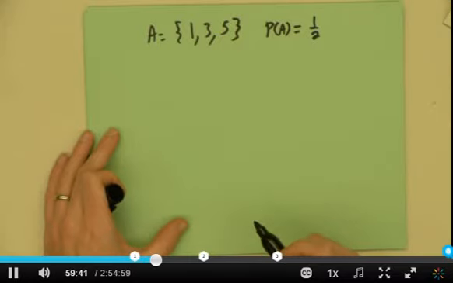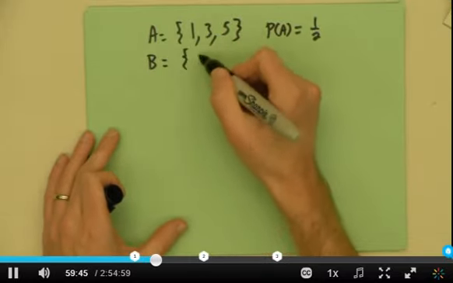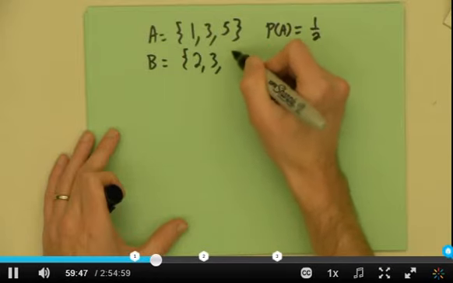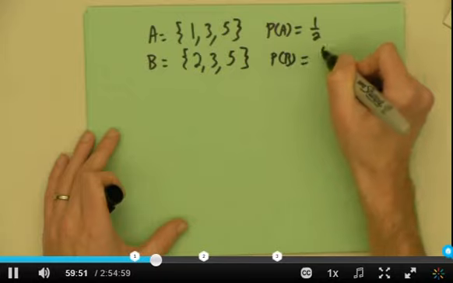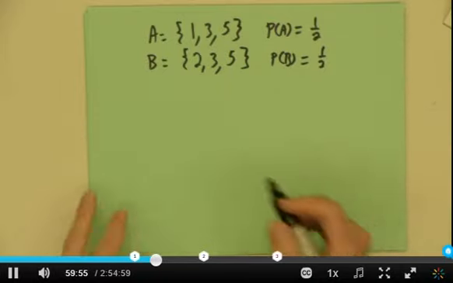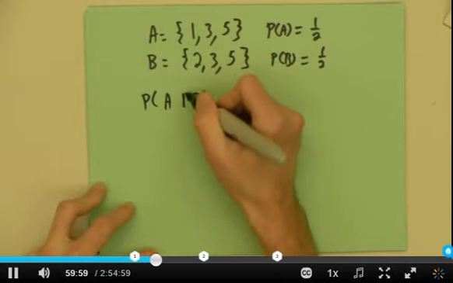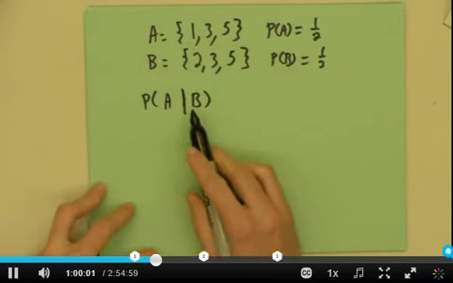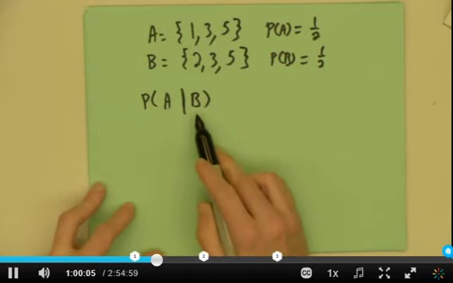And we found that probability to be 1/2. Event B was the event we had a prime number. And that probability is 1/2. Now if I want to find the probability of A given B, well, what that means is I know it's one of these 3 numbers. I'm assuming that B happened.